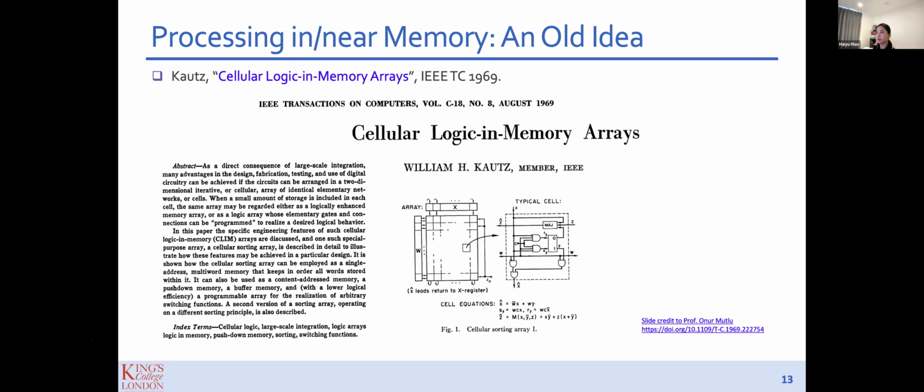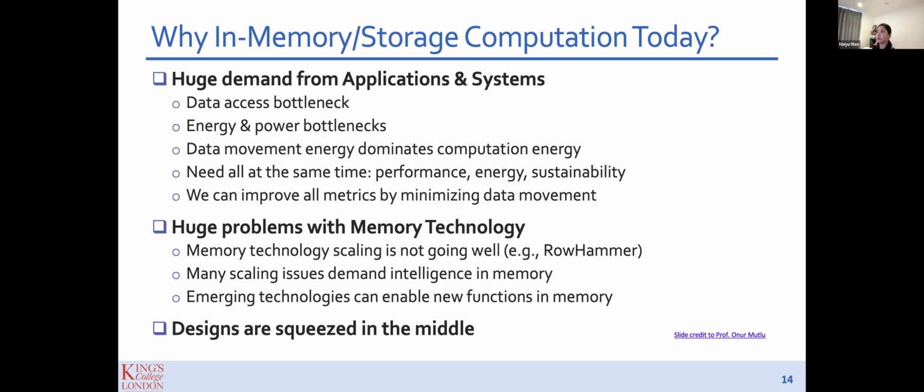And then why has it become popular now? Why is there a lot of in-memory and in-storage computation nowadays? I list several things here, and credit goes to Professor Onur Mutlu for this slide. We have really huge demands from applications and systems.